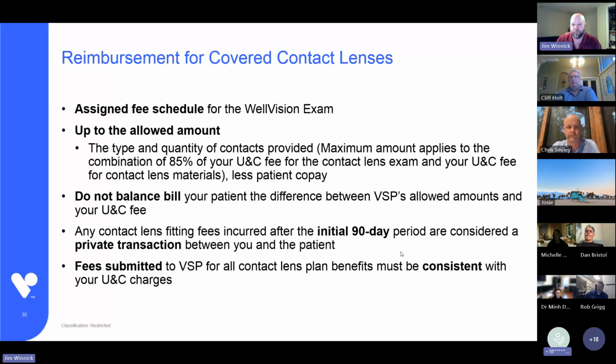Again, a pearl. This is where you have one set of fee schedules that should describe the lens type and complexity that you're fitting, and you shouldn't be playing any games just because they have a covered contact lens plan, that you're fitting a different price than you would for a normal spherical lens on somebody else or toric lens on someone else. All the fees should be consistent across all the programs.